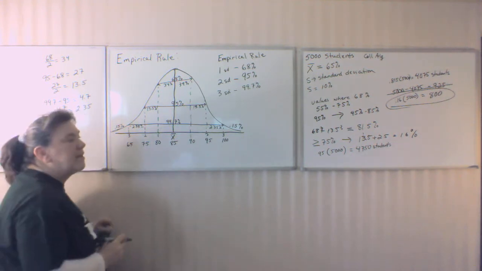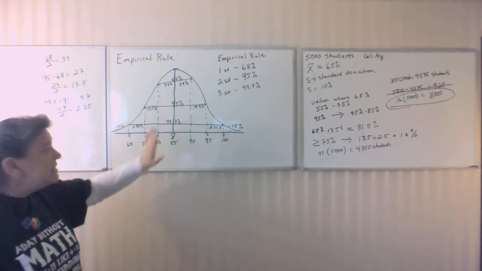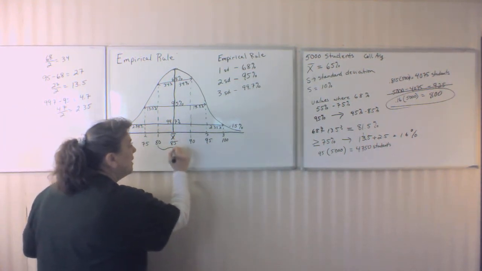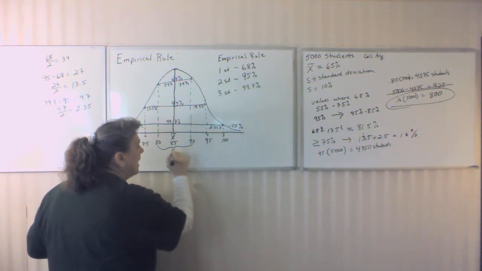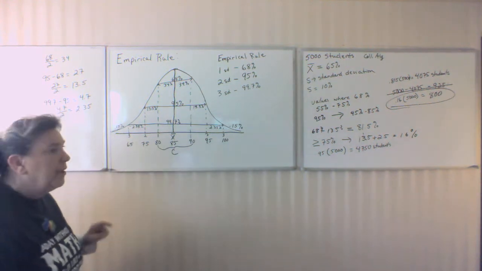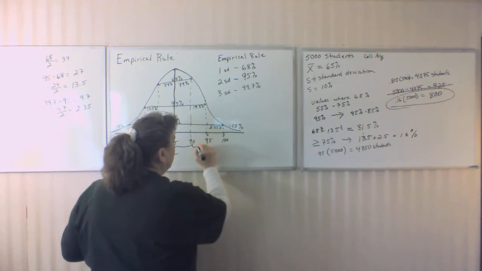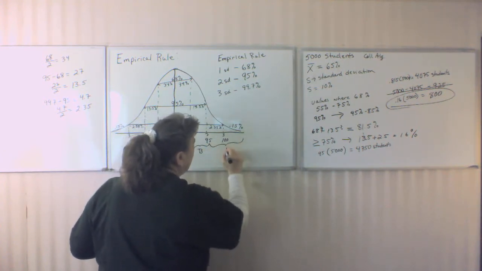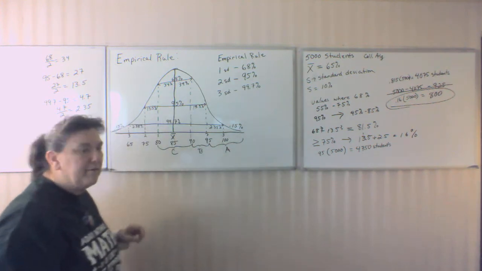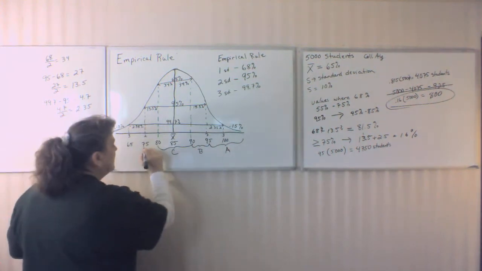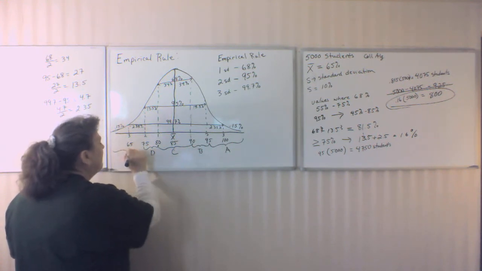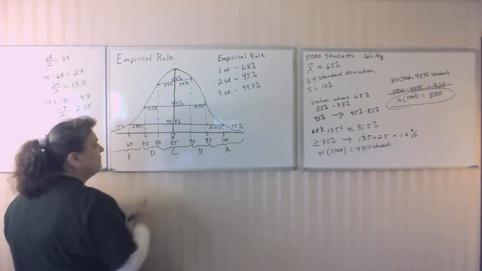So what happens on this kind? Say this was what you had. You would get a C if you had a grade between 80 and 90. You would get a B if you had between 90 and 95, and an A if you were better than 95. You would get a D between 75 and 80, and an F if you were less than 75.